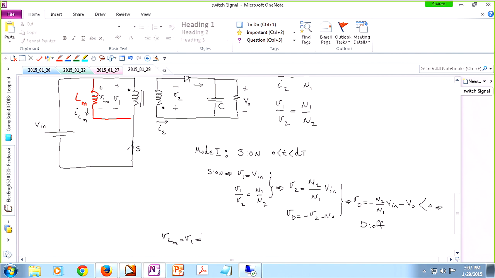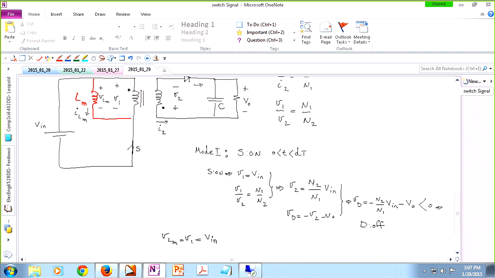By the way, you can assume the magnetizing inductance is on the primary side. You can assume it's on the secondary side. You can say it's divided between the primary side and secondary side. It doesn't really matter. I'm assuming it's on the primary side. So it's Vin.